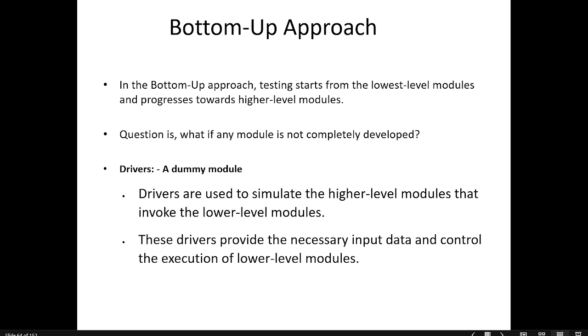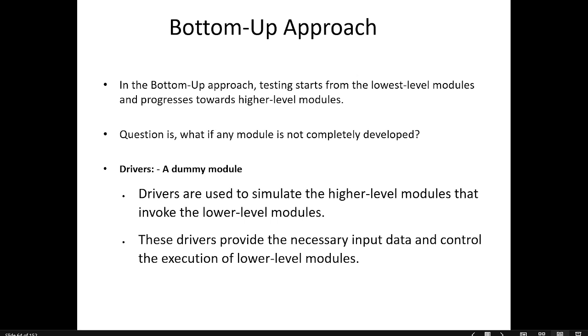I will create a dummy module which will just send an email, and I have to check the functionality of the sent items folder, whether it is there or not. So this is where the driver, or the dummy module, comes into the picture. These drivers provide the necessary input data and control the execution of the lower modules needed. So this is the driver concept.